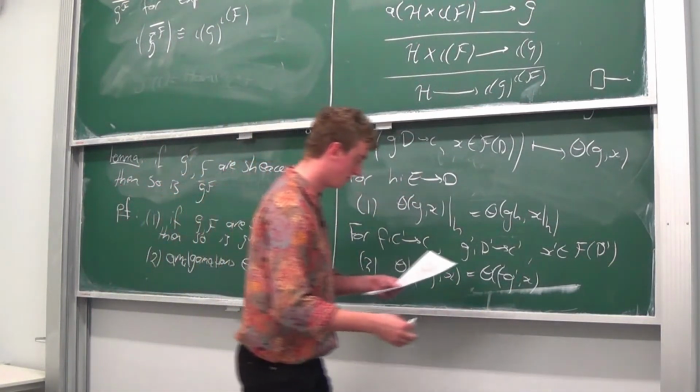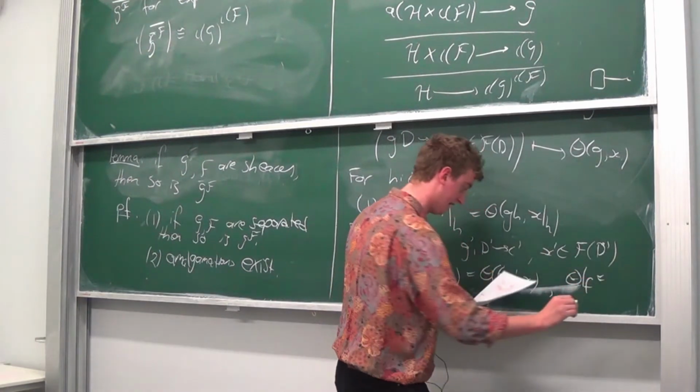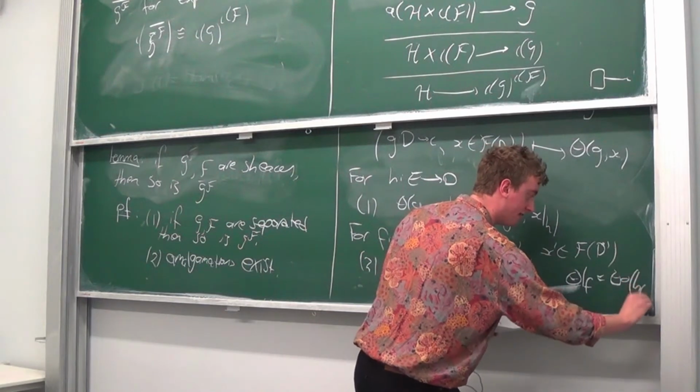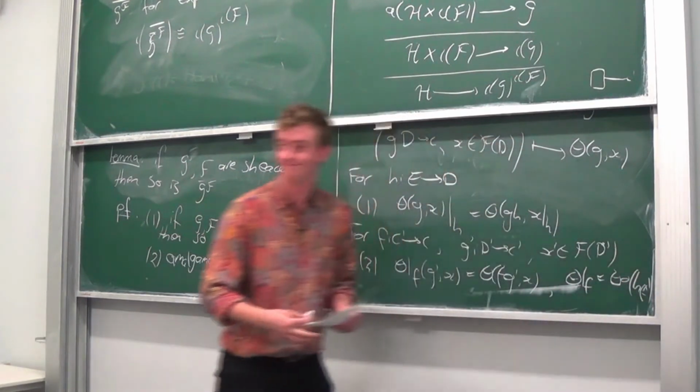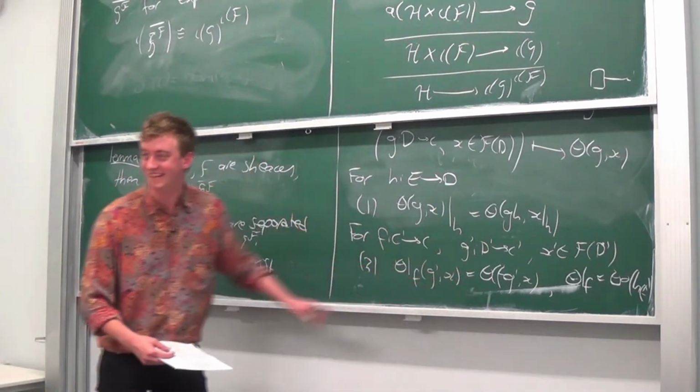Or in other words, theta restricted along f is just theta after hf times 1. That visible? Yeah.